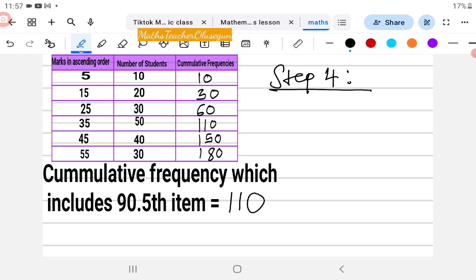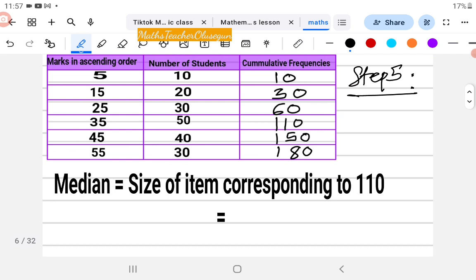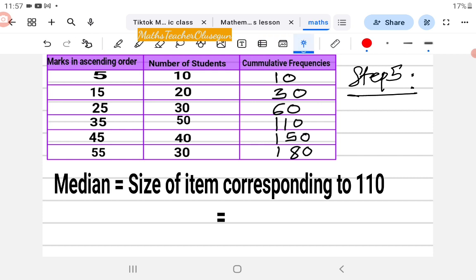So this one will give you the next step to know where to go. The formula is this: median is equal to the size of item corresponding to 110. Can you see? So our median would be the size of the item corresponding to this, which is the frequency of that mark. So this is now the median.